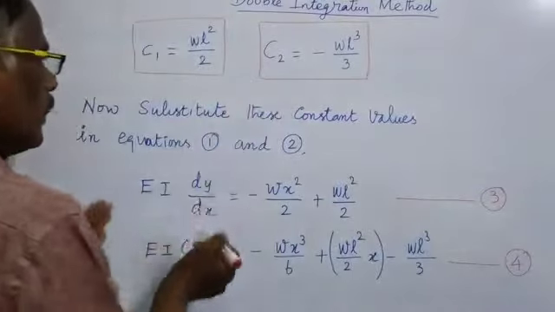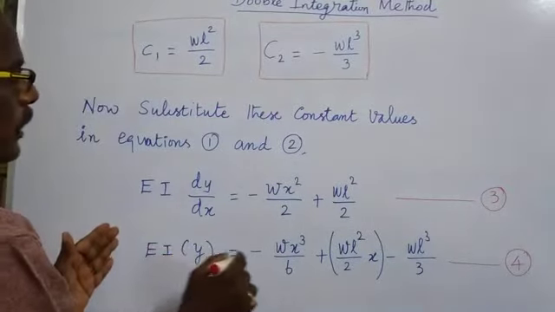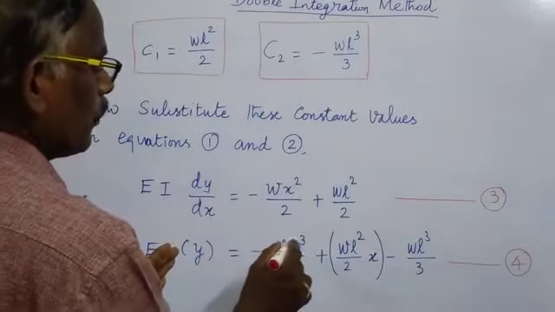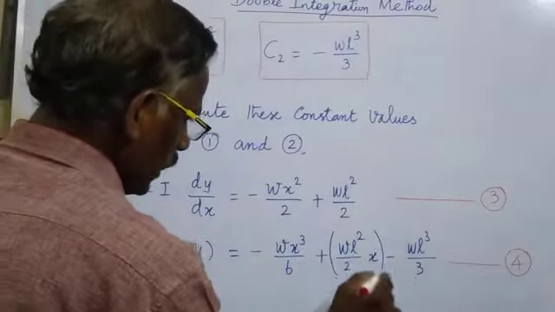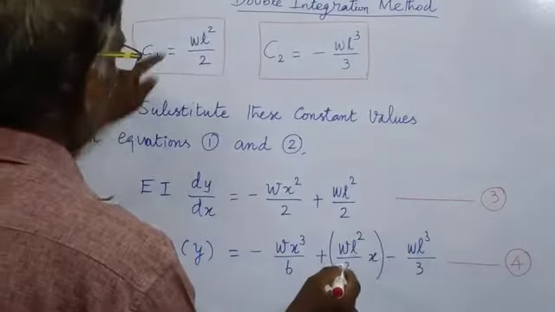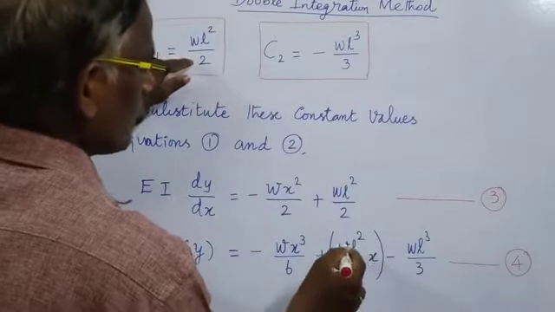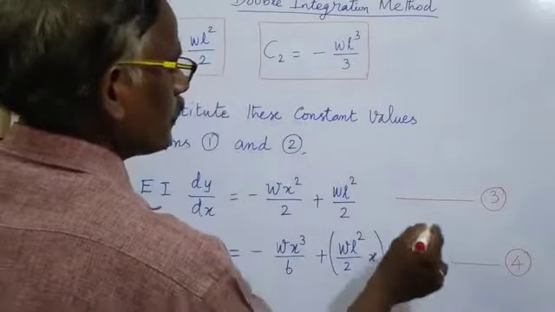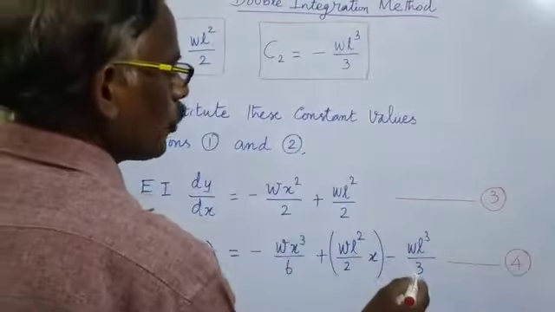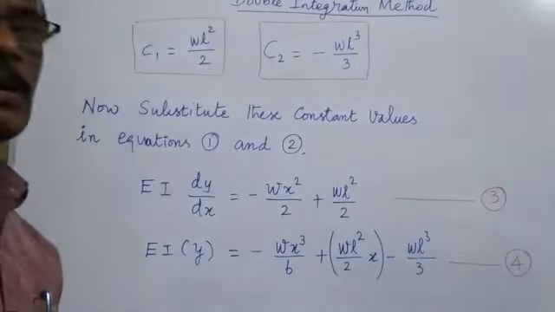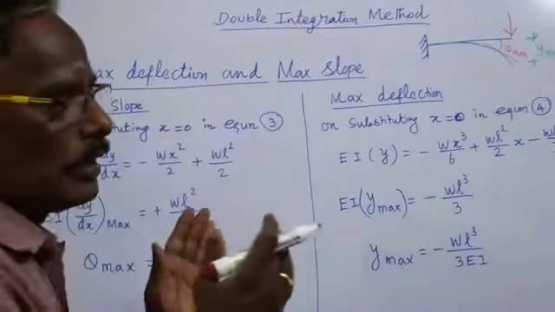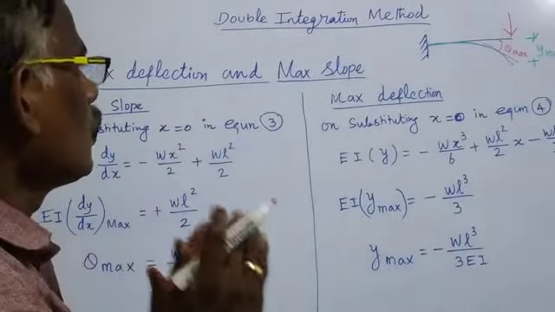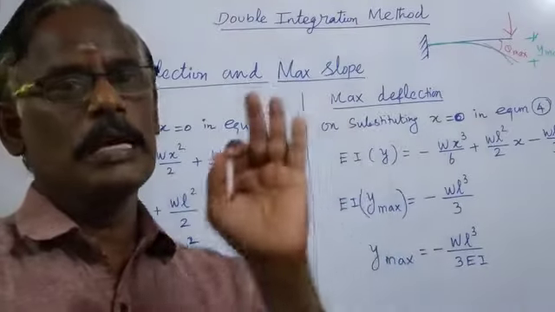Now, in the deflection equation, putting these C1 and C2 values, EI y is equal to minus wx cube by 6 plus C1 x, that is WL squared by 2 x, minus C2. What is the value of C2? Minus WL cube by 3. So it is equation number 4. Equations 3 and 4 are the generalized slope and deflection equations for the cantilever beam.